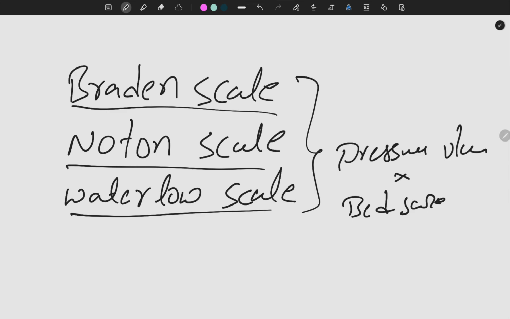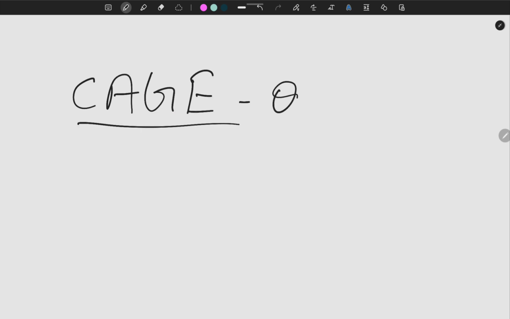The next important one is CAGE. This is also a type of scale, which we call a questionnaire. The CAGE questionnaire we will use for patients who are having alcoholism.